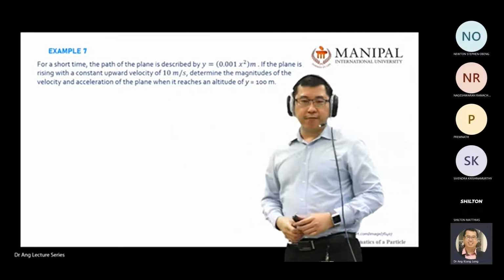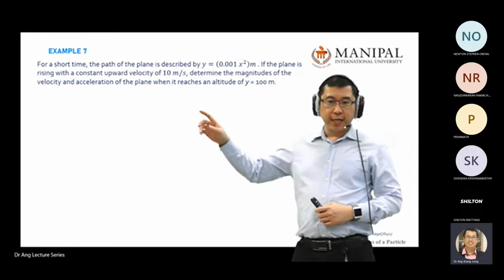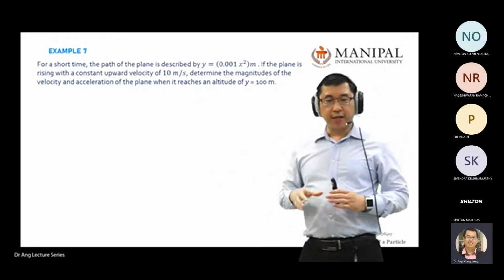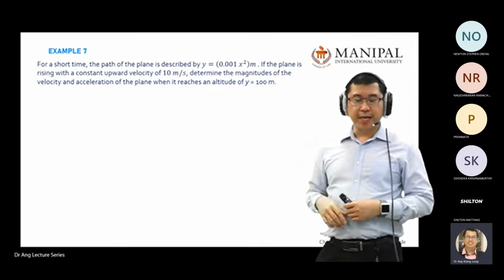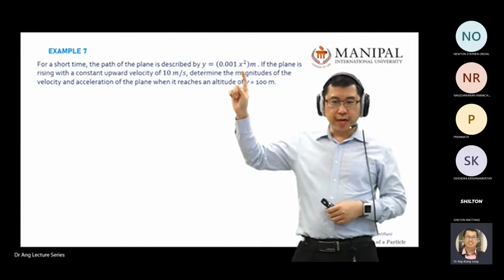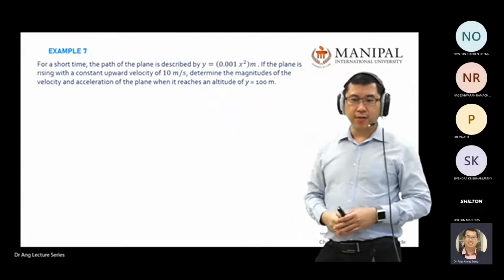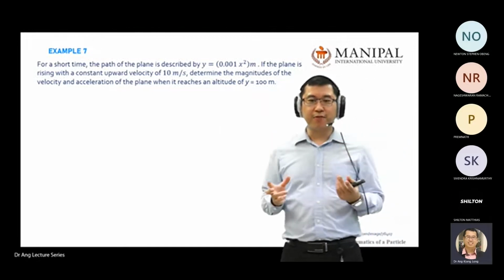So basically, you're given a scenario where you have a plane. Describe the path. I use the word path. So the path of the plane is described by y equal to 0.001 x square meter. Again, you look at the equation and try to imagine the shape of the graph.